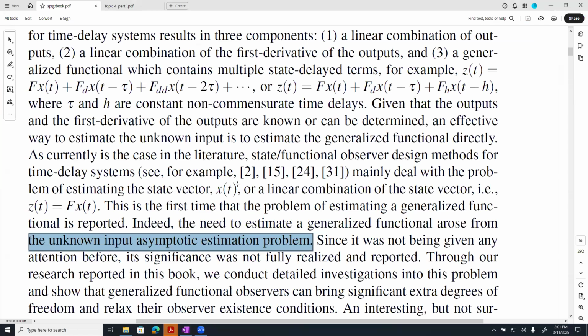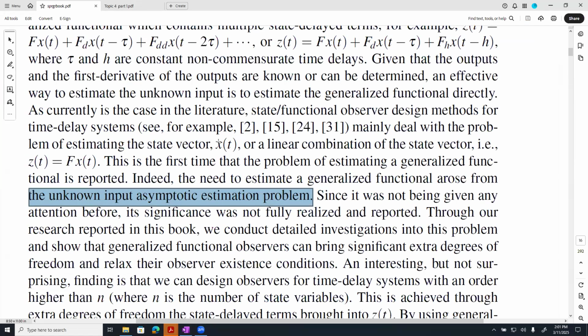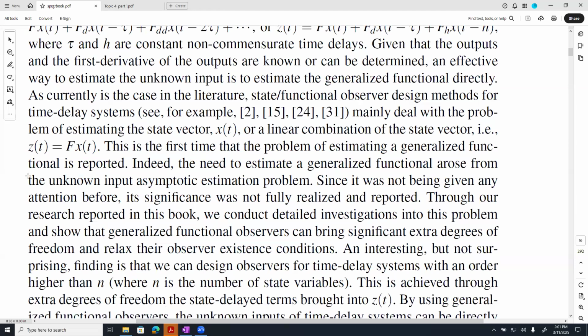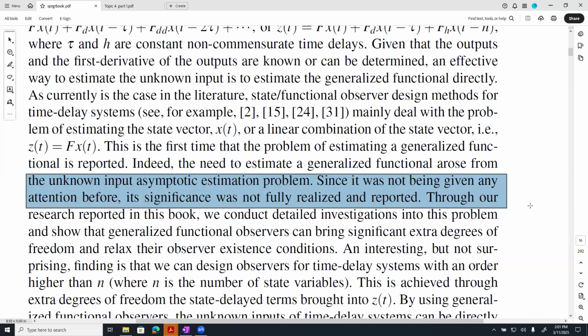So it's a novel discovery in this book that we need to estimate this generalized functional by using generalized functional observers. Because in the literature, estimating generalized functional is not considered and not being reported, the significance of estimating a generalized functional was not really realized.